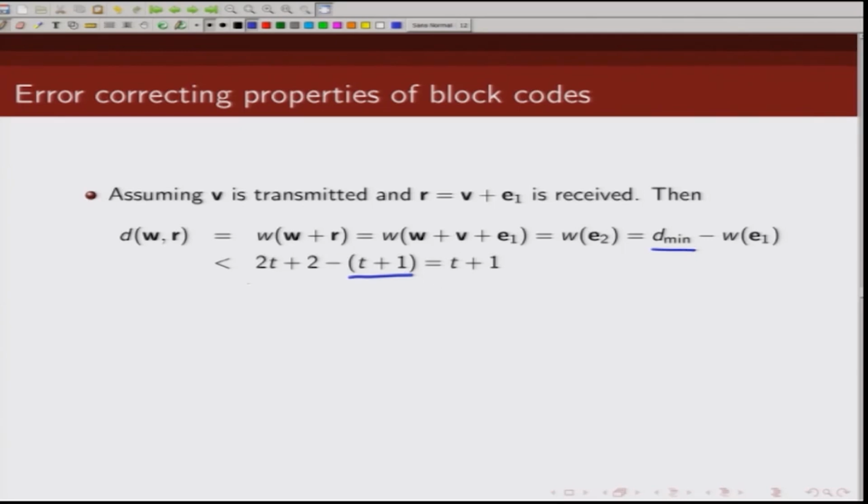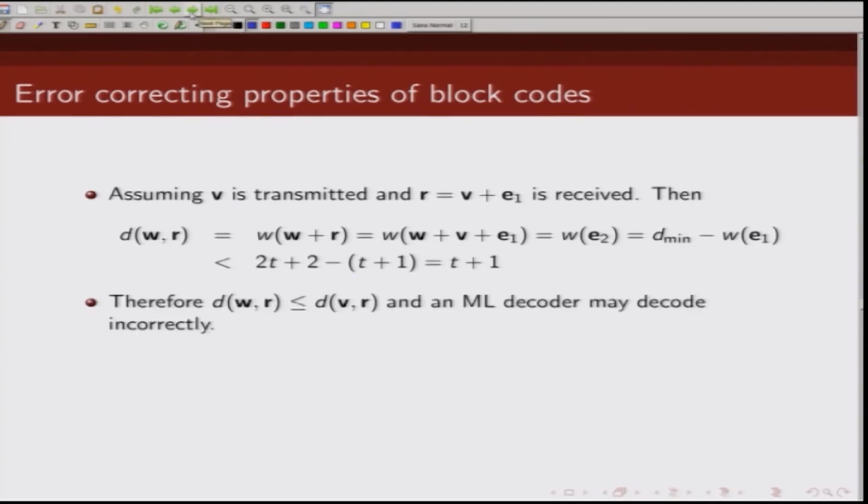So, weight of E2 will be less than 2t plus 2 minus t plus 1, which is t plus 1. So, the Hamming distance between w and r is less than t plus 1. And what is the Hamming distance between v and r?